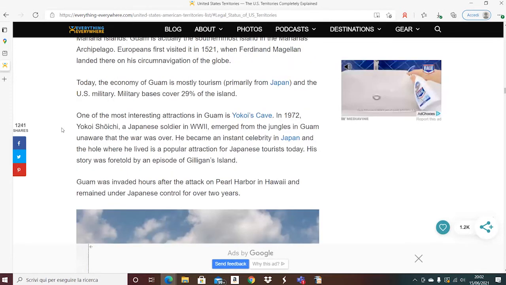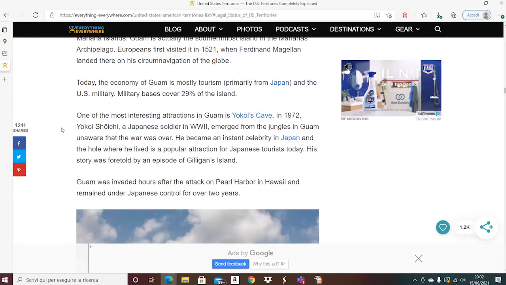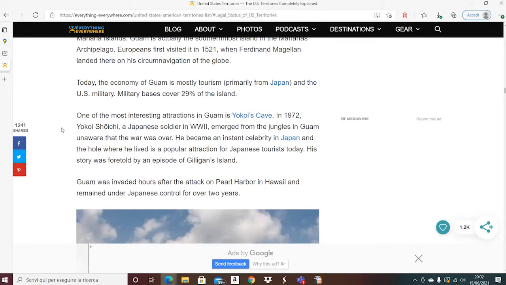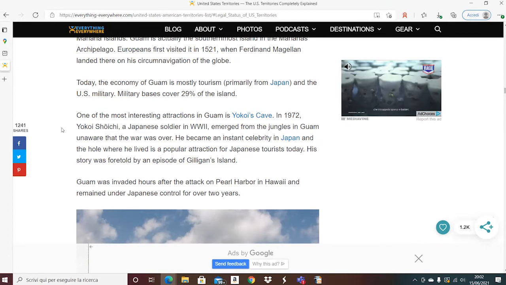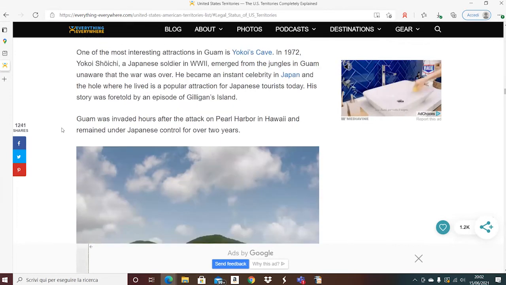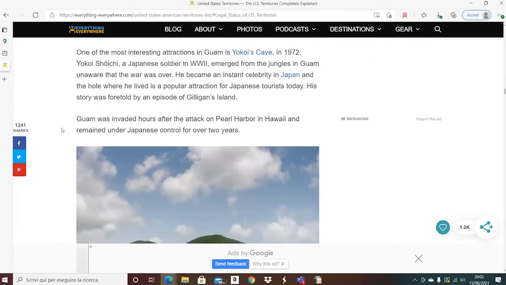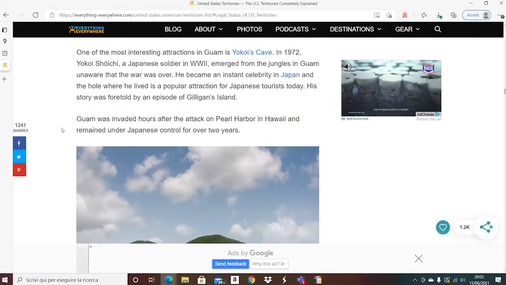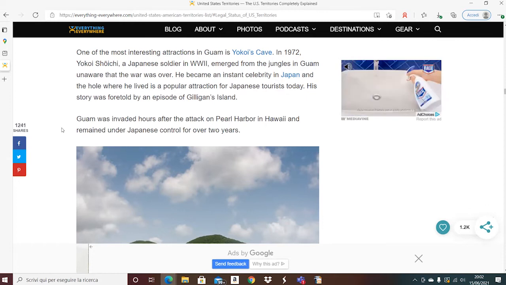He became an instant celebrity in Japan, and the hole where he lived is a popular attraction for Japanese tourists today. Guam was invaded hours after the attack on Pearl Harbor in Hawaii and remained under Japanese control for over 2 years.